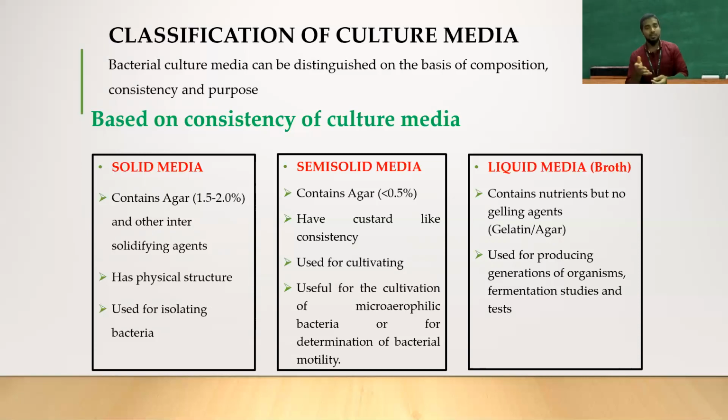Chapati has flour, which also has starch, and we get a particular shape. Fruits also have a particular shape. But how do solid media get shape and rigidity? They get rigidity because of gelling agents. A gelling agent can be gelatin or agar. In culture media, agar is basically used. Solid media contains agar at 1.5 to 2%.